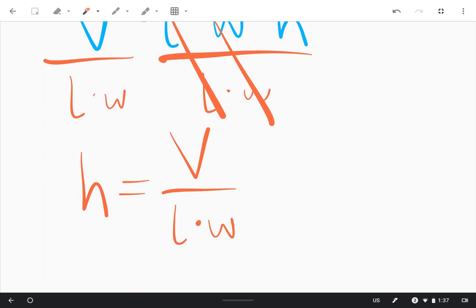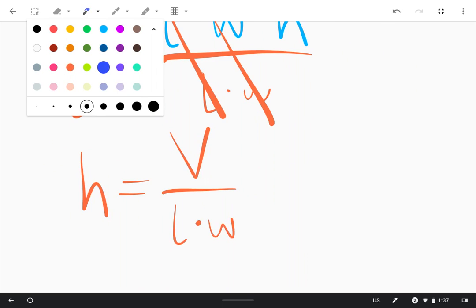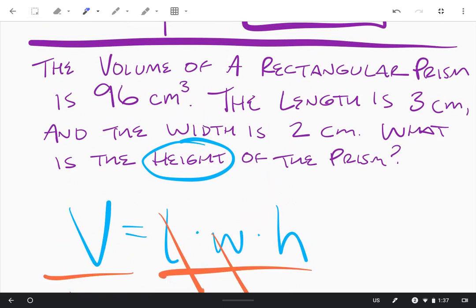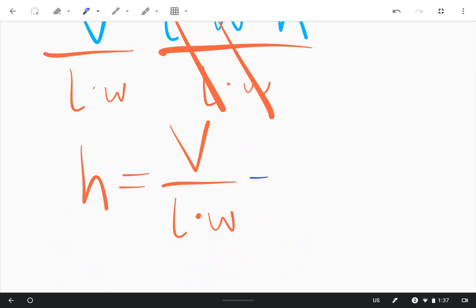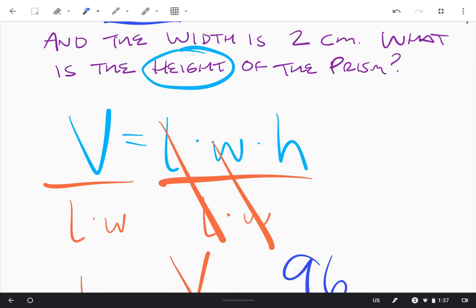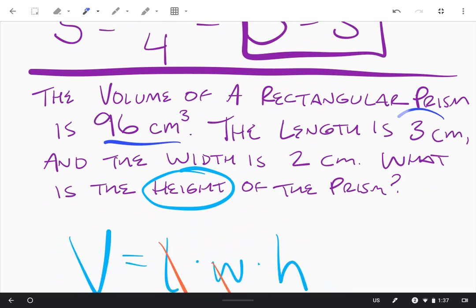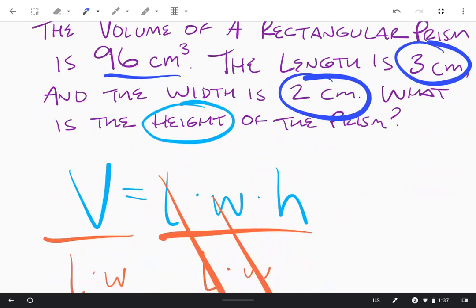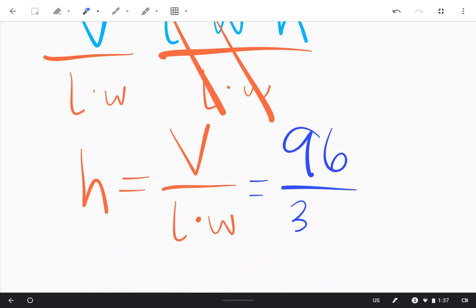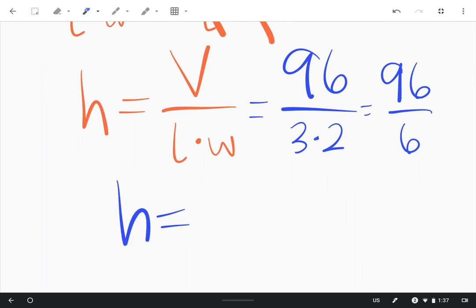And so I've rearranged that equation, and now I plug in what I know. I know that the volume is 96, the length is 3, and the width is 2. 3 times 2 is 6, so 96 divided by 3 times 2 is 96 divided by 6, and so the height is equal to... I think 17.